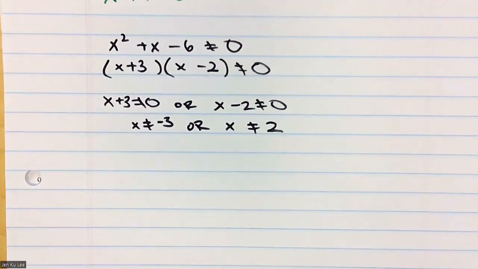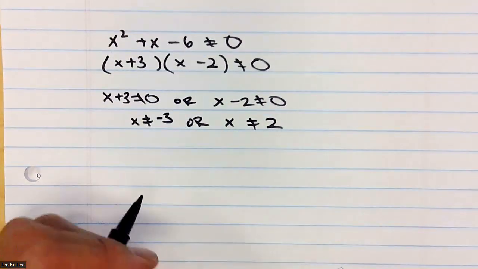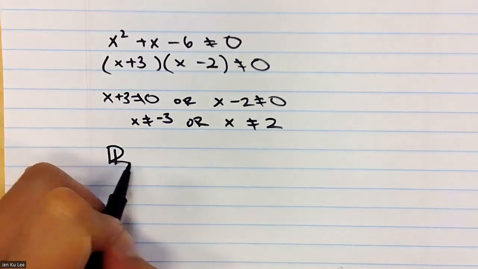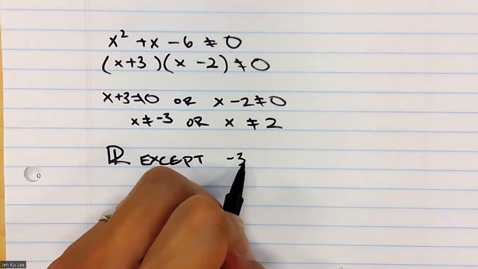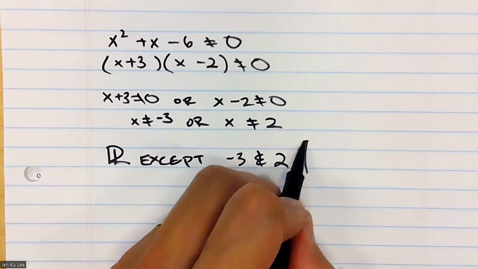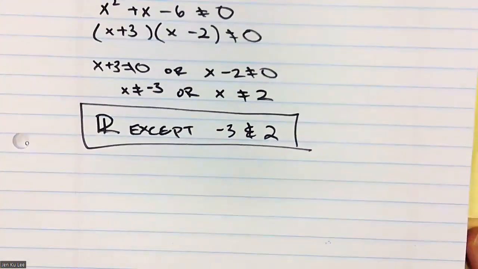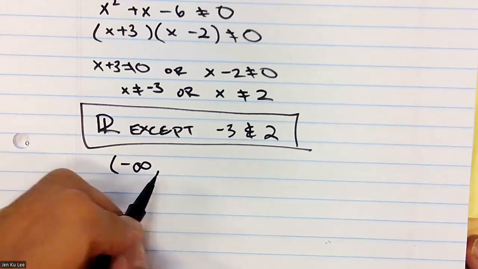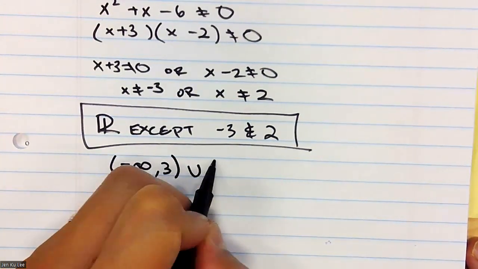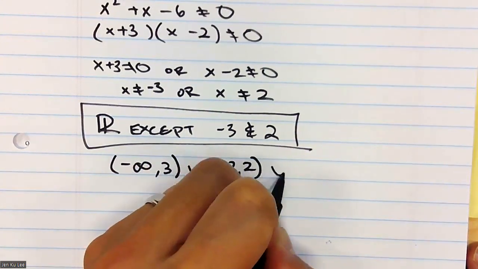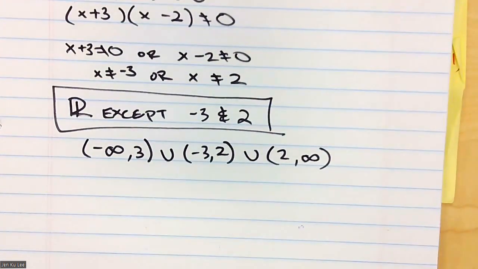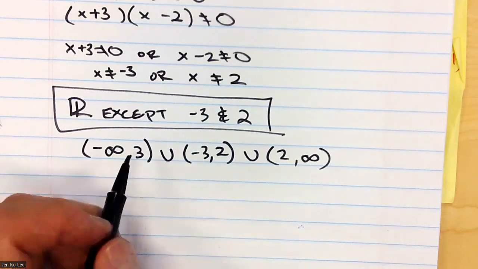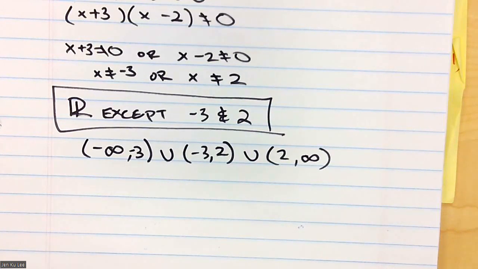So the domain is all real numbers except negative 3 and 2. Or in interval notation, negative infinity to negative 3, union negative 3 to 2, union 2 to infinity. Okay?